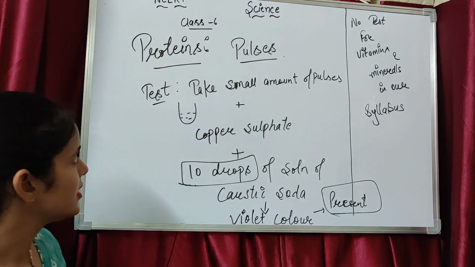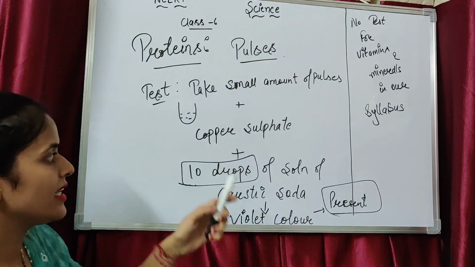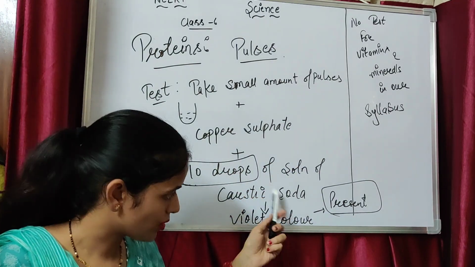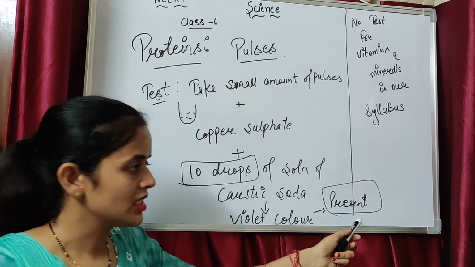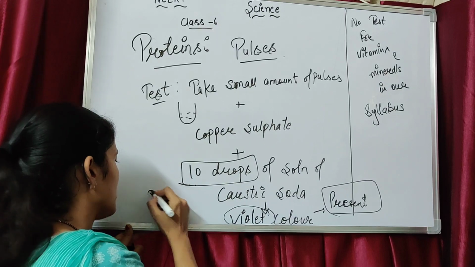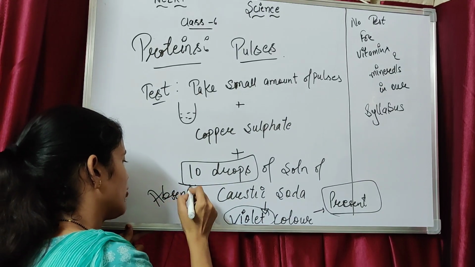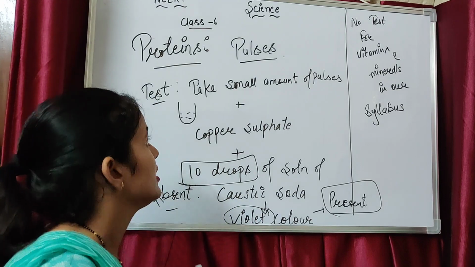Clear? Firstly, take some pulses, add copper sulfate, then 10 drops of solution of caustic soda, and the color will turn violet. Then protein is present. If violet color is not visible, then protein is absent. That food item does not contain any protein in it. Clear?